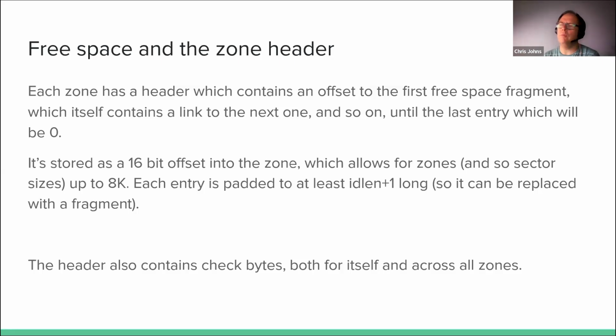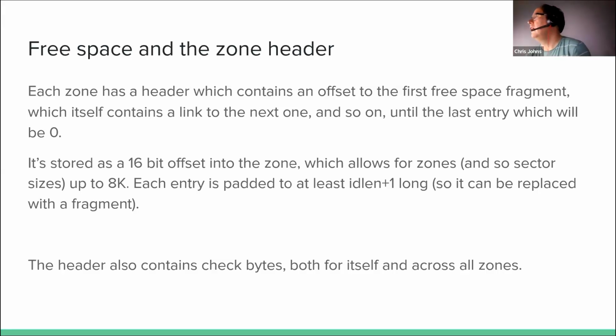Biggest we have now is 4K, so probably not an issue. When the free space fragments are stored, they are padded out to be at least the ID length. So that means you can always put something in. Otherwise, you can have a 16-bit offset, but then you could never use that gap for a fragment.